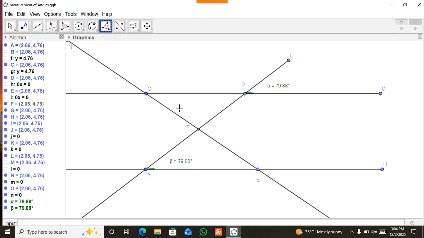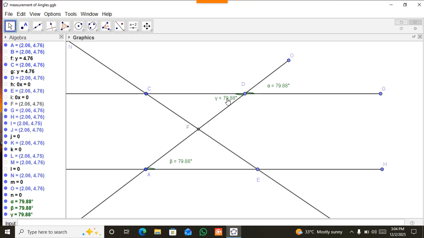But I must click the points that form the angle in a clockwise direction. So I'll start from here, C, D, F. Now Geogebra automatically measures it for me, and that is 79.88 degrees.